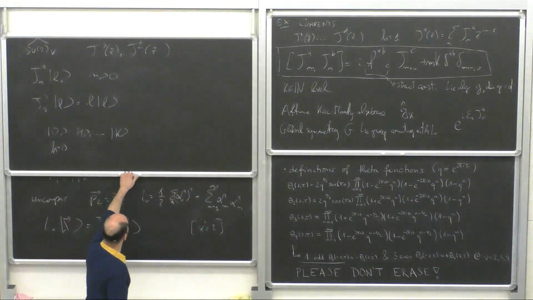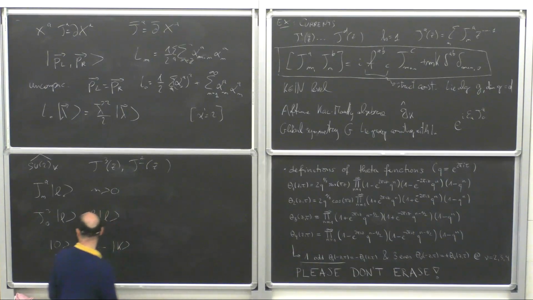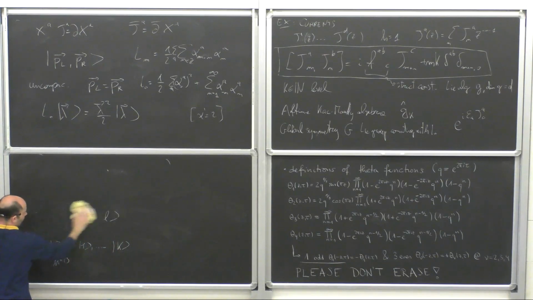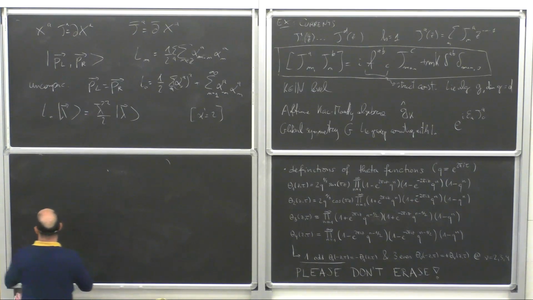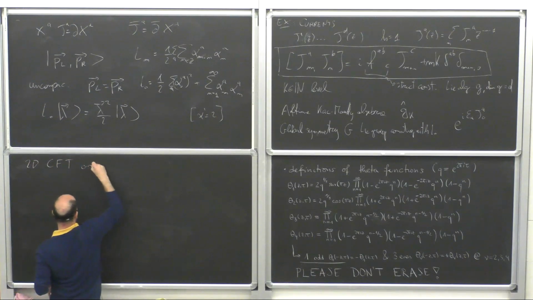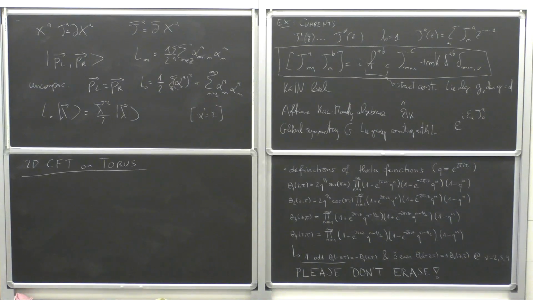Okay, good. So that's it for chiral algebras. And now we go to torus partition functions, which is where modularity arises. So we put our CFT on a torus now. As Oliver taught us, the conformal structure on a torus is parameterized by the modular parameter tau.